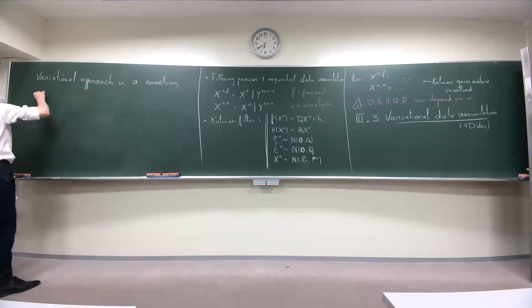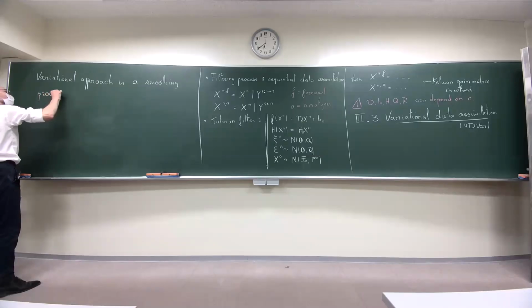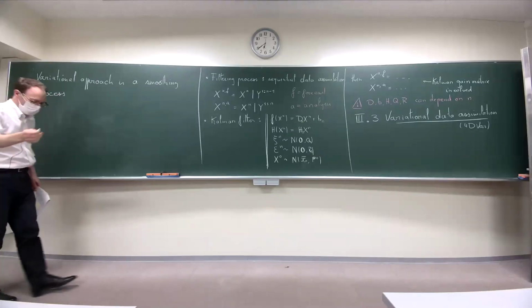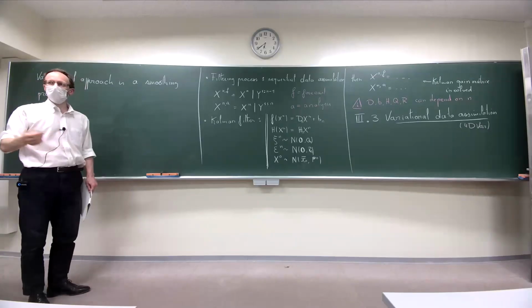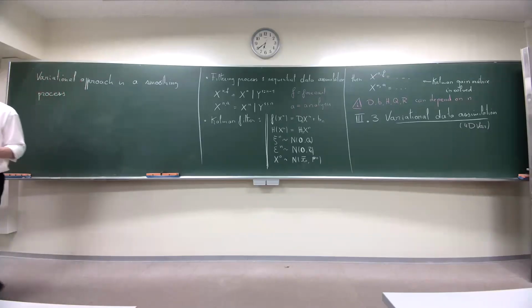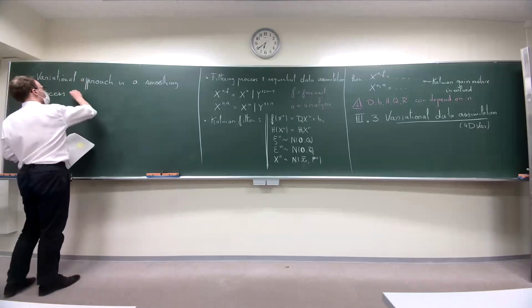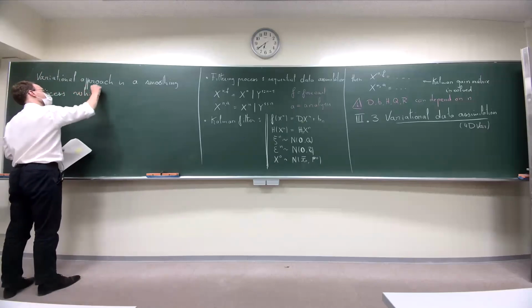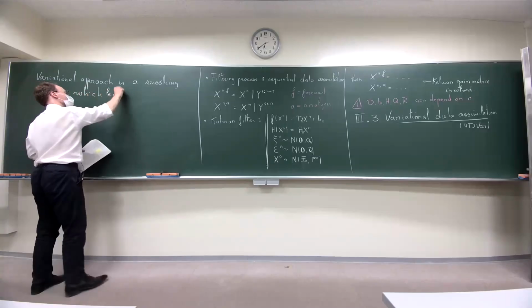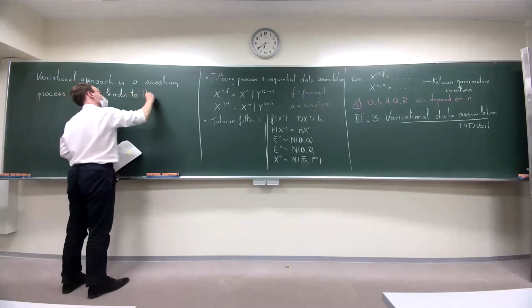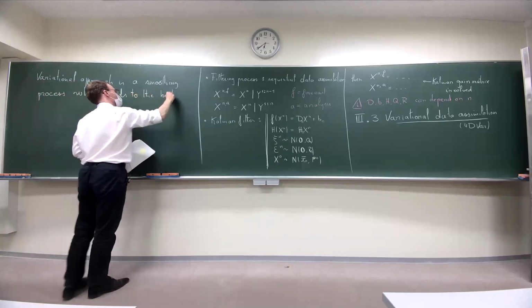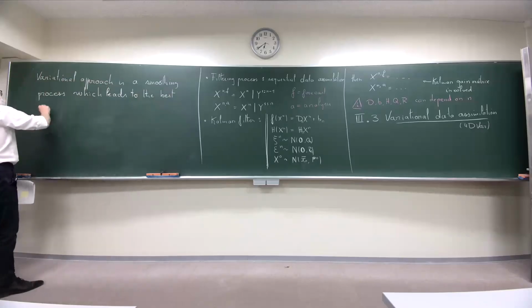It means we have some observations and we look at the initial condition in the past. So it's a smoothing process, which leads to the best initial condition. So I will explain with a picture first.